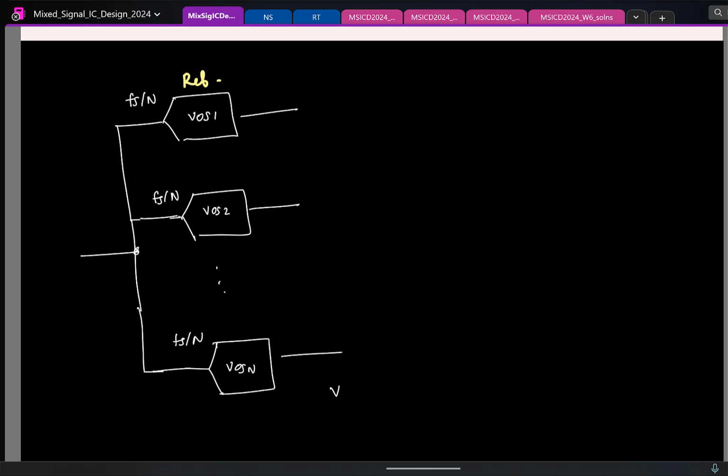In principle, in this path, if I somehow add VOS1 minus VOS2, I am set. Again, how many places can I add this now? At either this point or at this point. Which do you think is easier? Digital domain, you can generate any number you want in the world. It's not something you can do in analog, so you try to add it here.